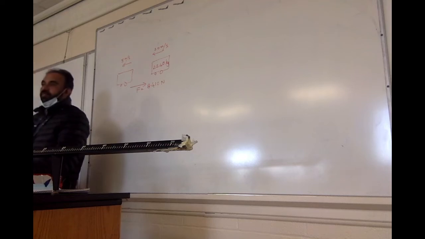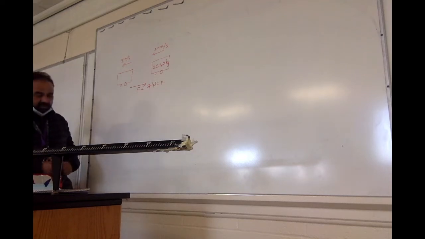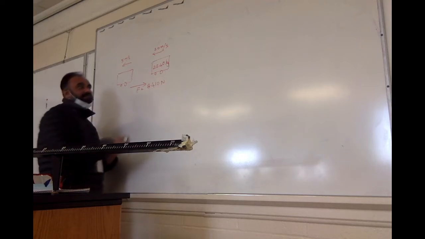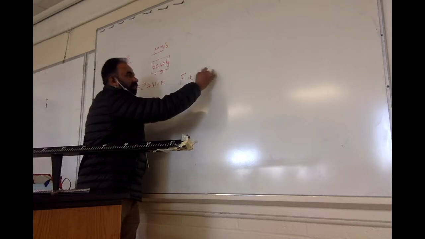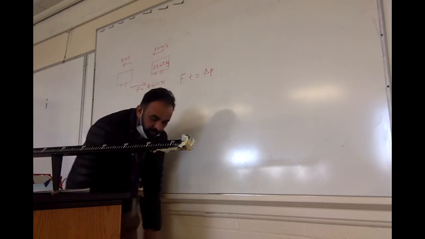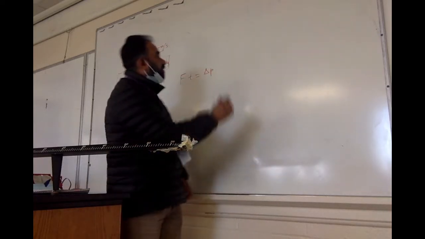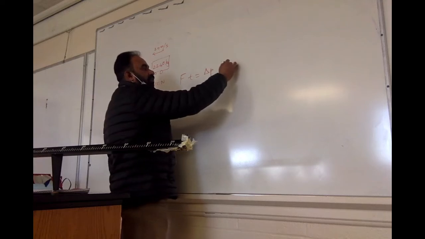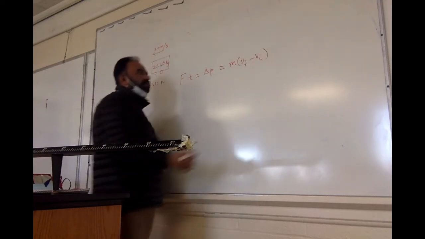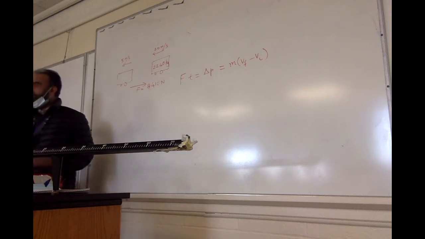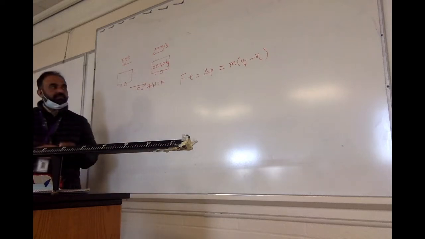And the question is asking for what? Time. And here, what you do is, we're going to use the impulse momentum theorem. Basically, F times t is change in momentum, which is equal to mass times final velocity minus initial velocity. This is something that we already know. Right?